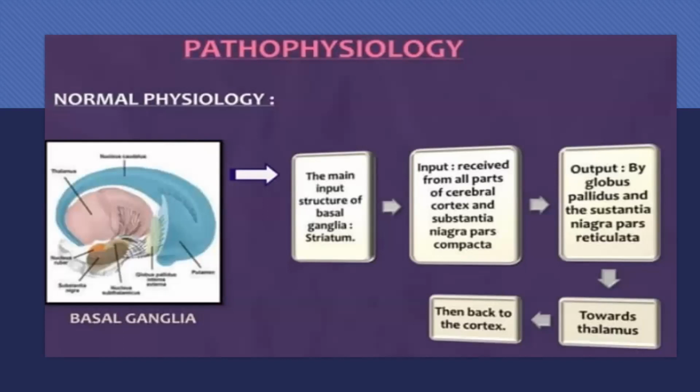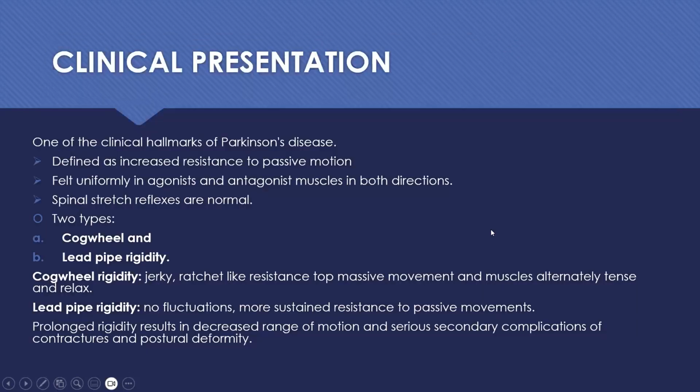The main input structure of the basal ganglia is the striatum. Input is received from the cortex, cerebellum, and substantia nigra pars compacta, passing through the globus pallidus and the substantia nigra pars reticulata, then toward the thalamus and back to the cortex. This is the pathophysiology of a normal person.